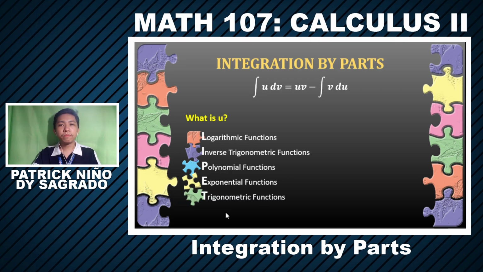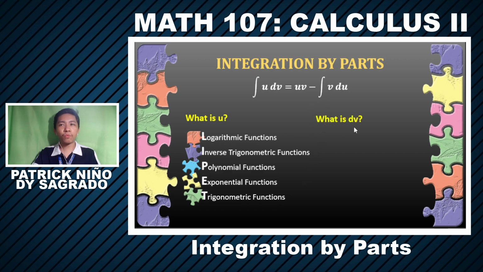And lastly, if there is none other, then it might be a trigonometric function that will be subjected to the integration by parts. So our algorithm for finding u is through the acronym LIPET: Logarithm, inverse trigonometric functions, polynomial functions, exponential, and trigonometric functions.